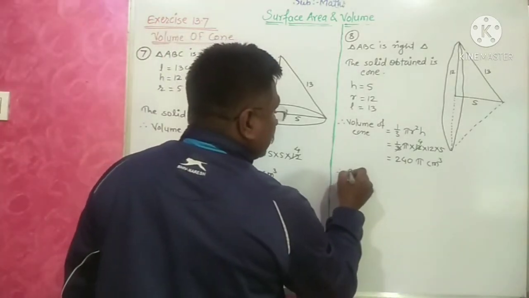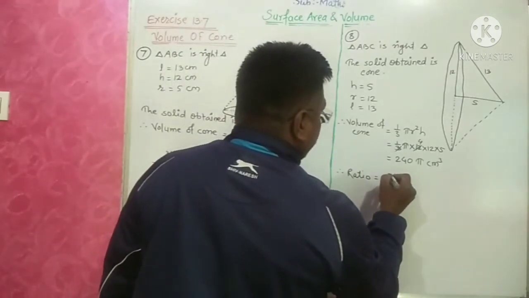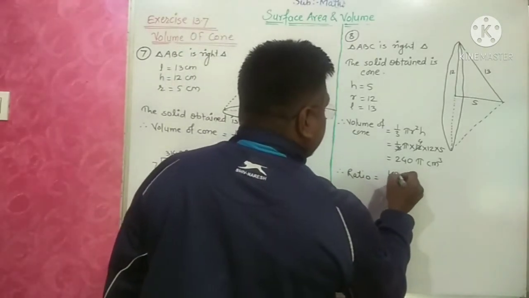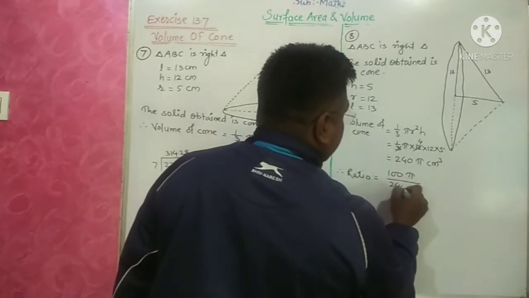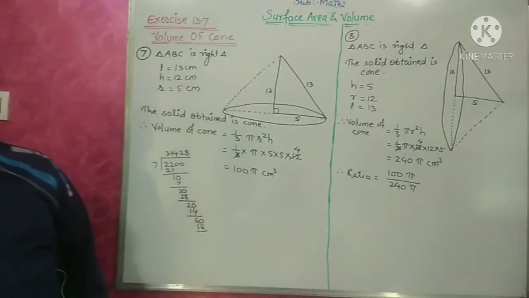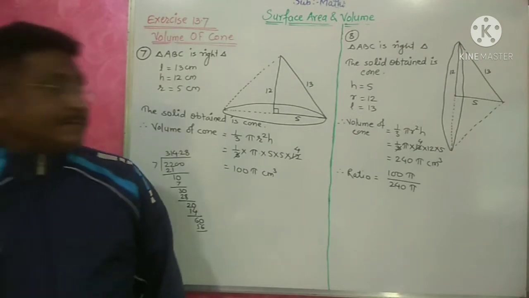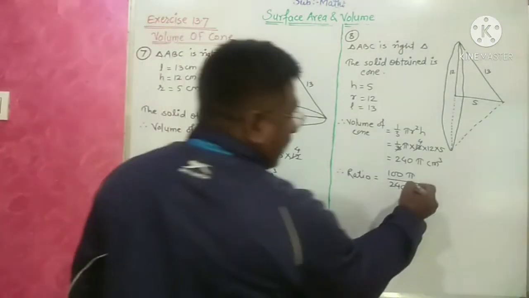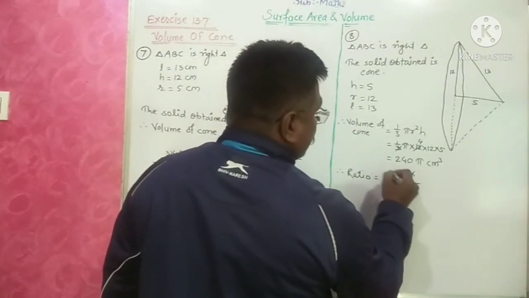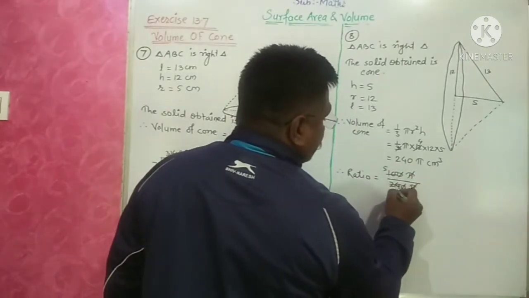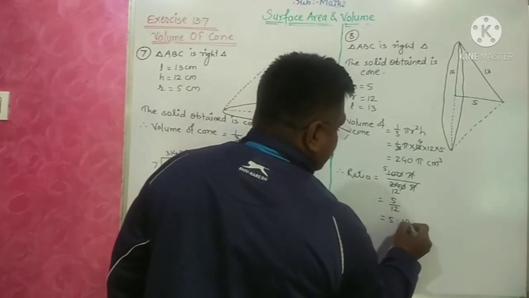So therefore ratio. What will we get? 100 pi by 240 pi. Whose ratio do they ask? Question number 7 and 8. So their ratio we are finding. Pi is cancelled. 2 5s are 10, 2 12s are 24, so 5 by 12, means 5 is to 12.